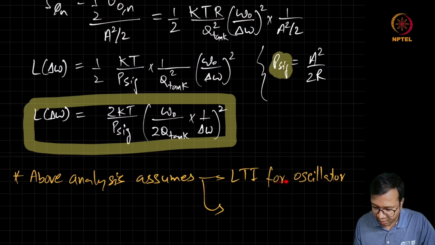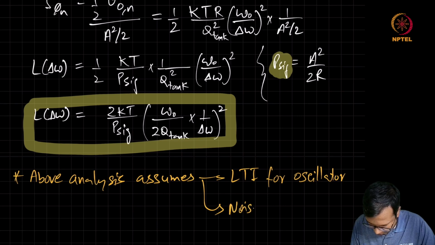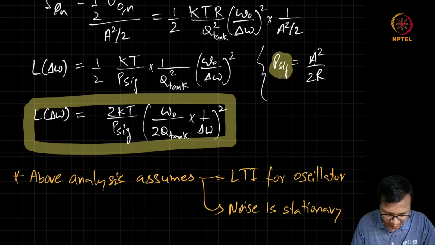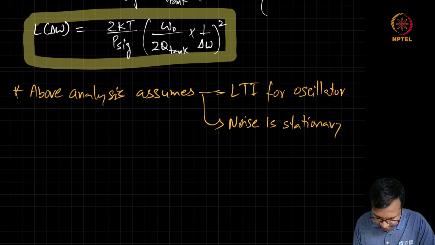Whereas in reality, we know that in an oscillator, because of the large signal behavior, the transconductance of the MOSFETs is going to change. So the statistics of the noise may not be assumed to be stationary under those conditions.